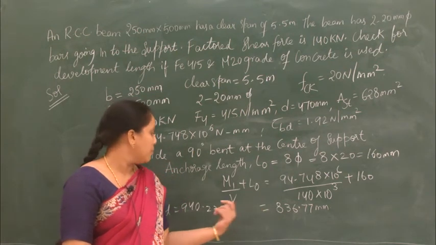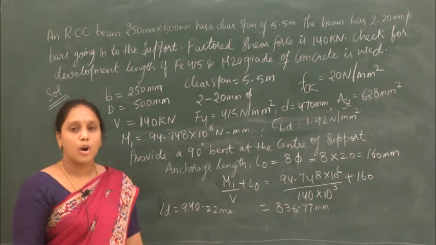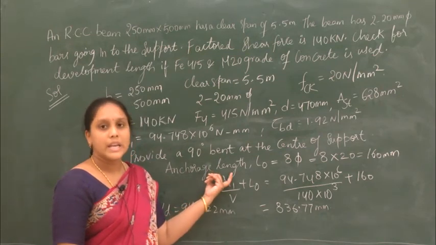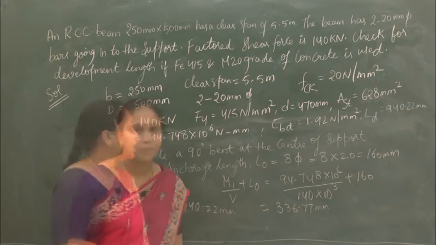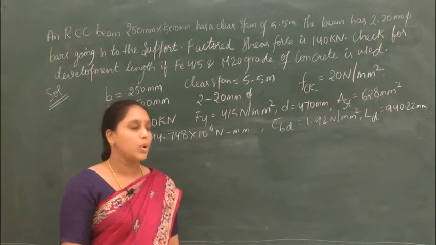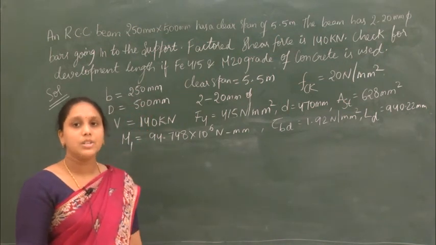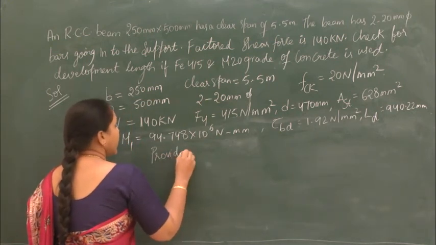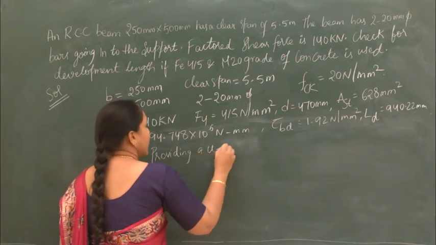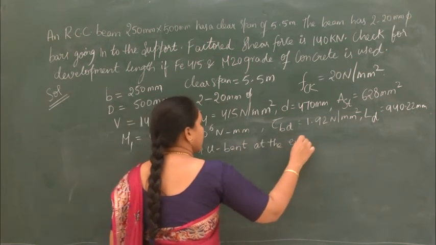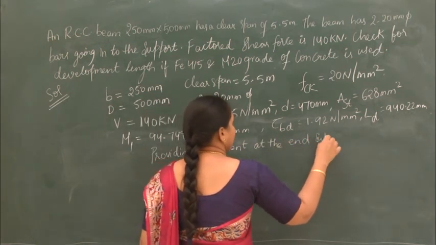As these values are not meeting the codal requirements, I have to increase the anchorage length. So now we will increase the anchorage length. For that reason, what I am doing here is providing a U-bend at the end of the support.